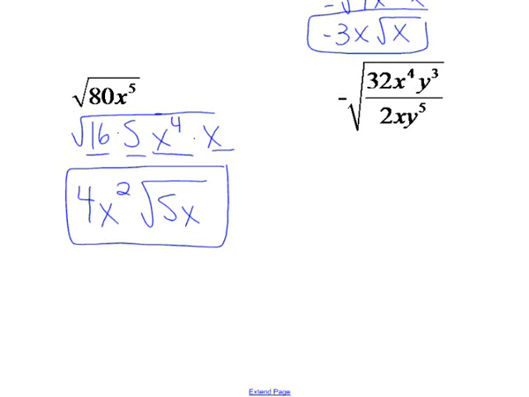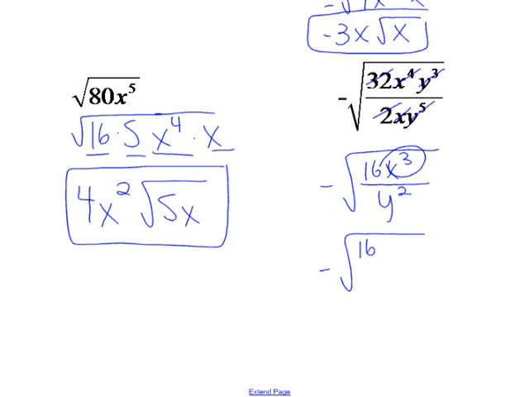Alright, on this one we're going to simplify our fraction. It's still negative. 2 goes into 32 16 times. X goes into x to the 4th, x cubed. You end up with a y squared on bottom. Now this x cubed needs to be split up. So that becomes 16x squared times x with y squared on bottom.